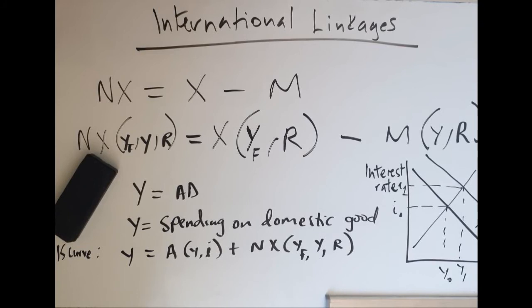If demand is switching towards your goods, your output and employment will increase, but the output and employment in the foreign country will decrease. So a real exchange rate movement implies that one country will be gaining at the direct expense of the other country.